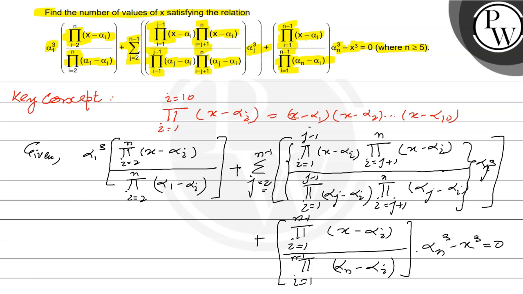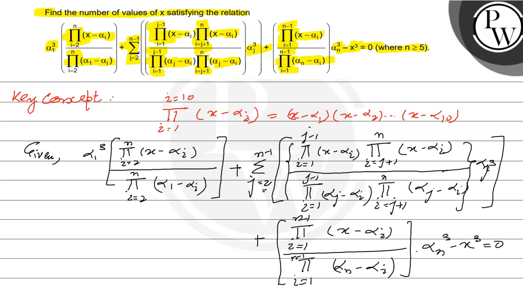Right? And I will be starting here also from x minus alpha 1, and the denominator will be starting from alpha 2 minus alpha 1, alpha 2 minus alpha 3 and so on. And the last term again x minus alpha 1, x minus alpha 2 up to x minus alpha n, and in the denominator i is only changing, so alpha n minus alpha 1, alpha n minus alpha 2 and so on.